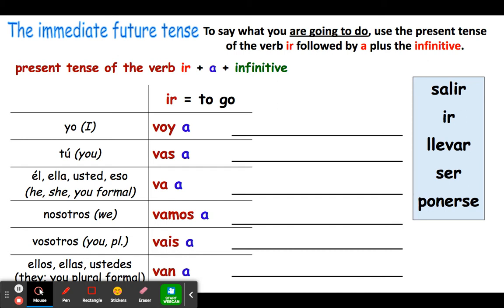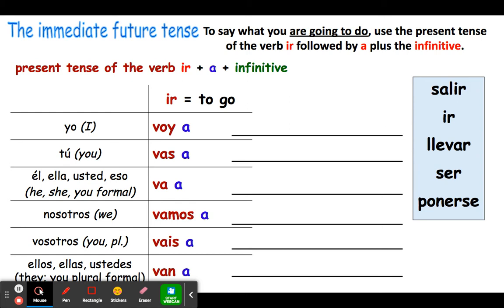That means you're going to. When you say vas a, it means you're going to. Then you add the infinitive, the unconjugated verb, which in Spanish ends in AR, ER, and IR. When you have voy a salir, it means I'm going to go out.